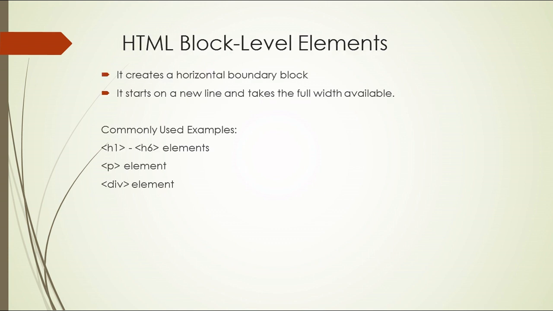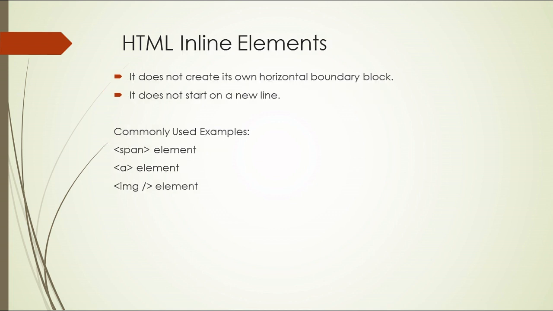An HTML block level element is an element that creates a horizontal boundary block. It always starts on a new line and takes the full width available. Like I mentioned, the block level elements include the H1 to H6 elements, the paragraph P tag element, and the div tag element. And I said that the inline element is an element that does not create its own horizontal boundary block.